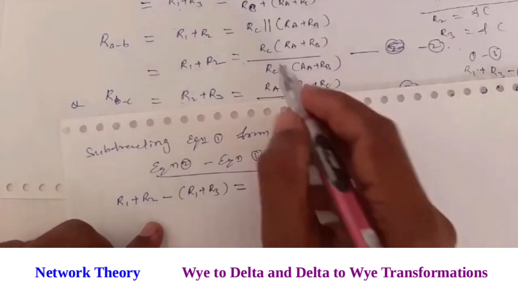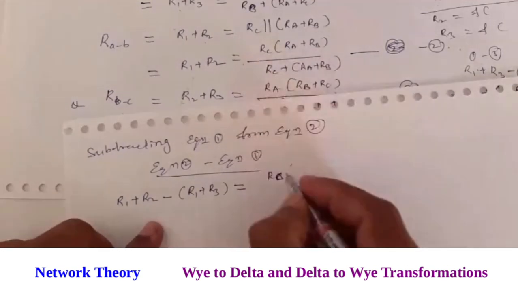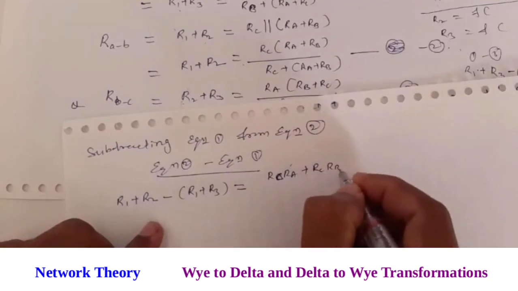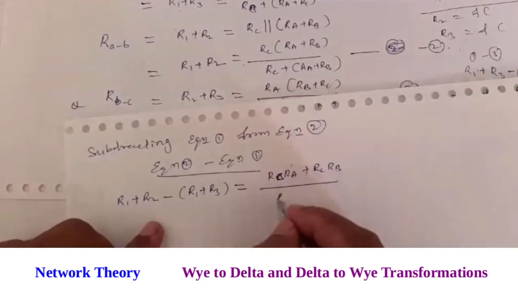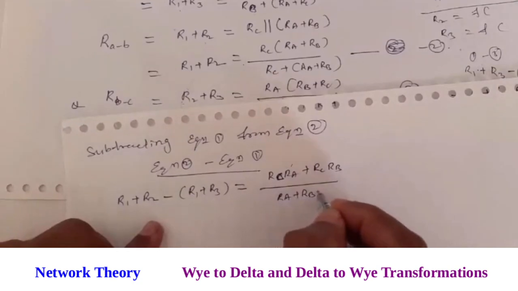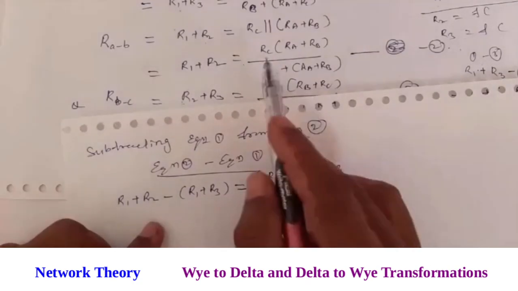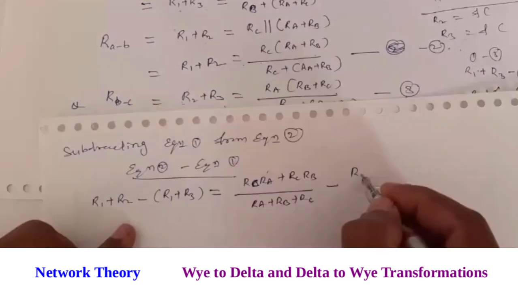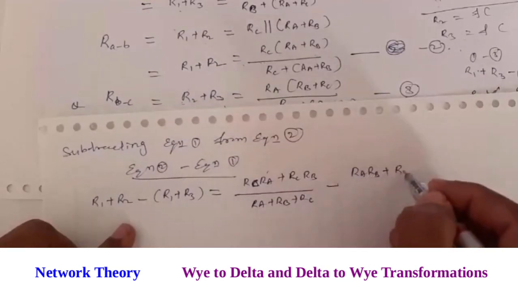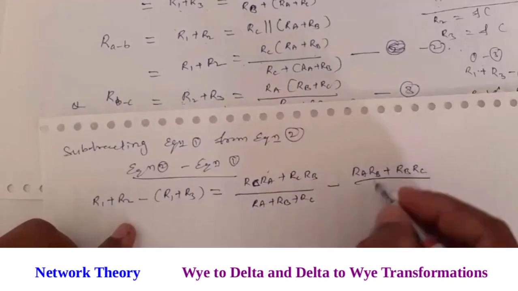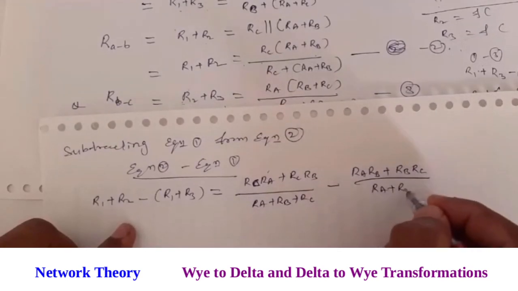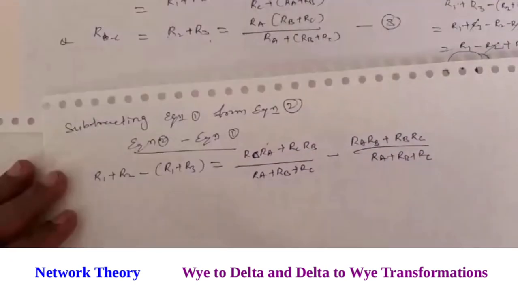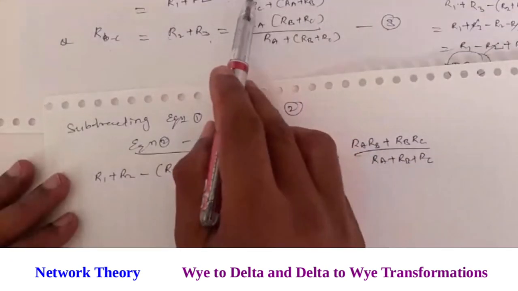What I do, I'll just multiply this: RC times RA plus RC times RB, divided by RA plus RB plus RC. Okay, so I am multiplying here minus of this equation, which is RA RB plus RB RC divided by RA plus RB plus RC. Hope this is clear. I have just multiplied the outside resistor with the inside resistor.